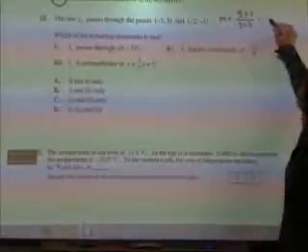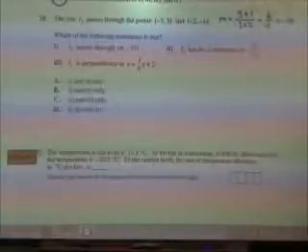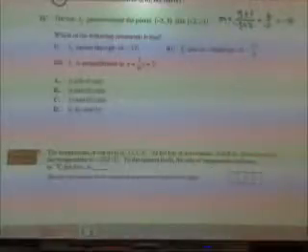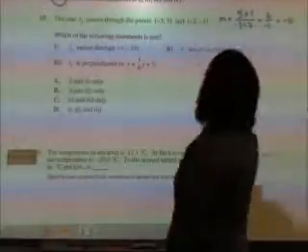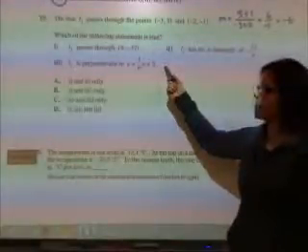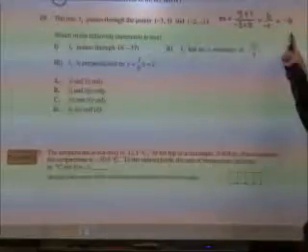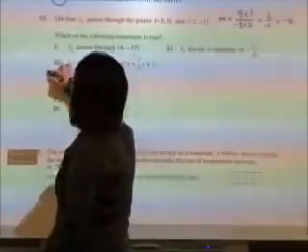So I get 6 over negative 1, so negative 6 as a slope. If the slope is negative 6, could the line be perpendicular to 1/6? Yeah, because that's the negative reciprocal.